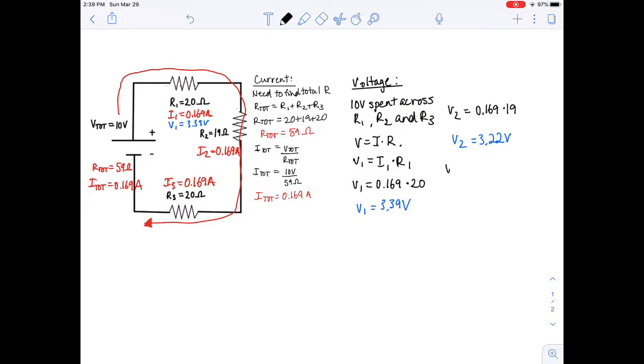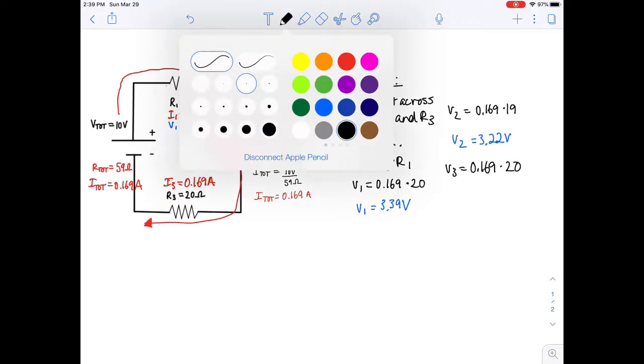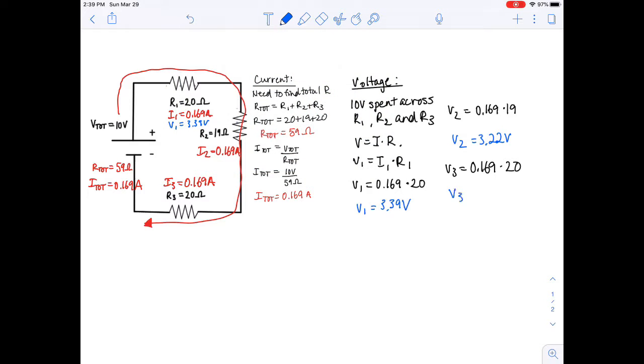And for our last one, it's going to be the same actually as V1. Okay, so let's write these in. V2 is 3.22 volts and V3 is 3.39 volts.